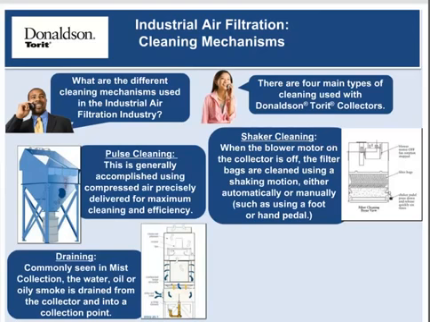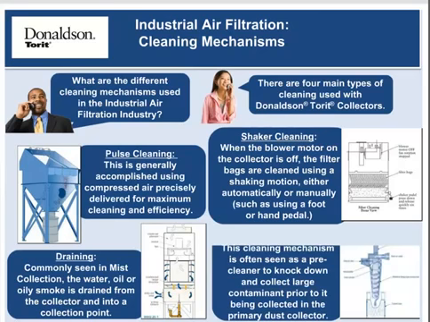Draining. Commonly seen in mist collection, the water, oil, or oily smoke is drained from the collector and into a collection point. Mechanical separation. This cleaning mechanism is often seen as a pre-cleaner to knock down and collect large contaminant prior to it being collected in the primary dust collector.